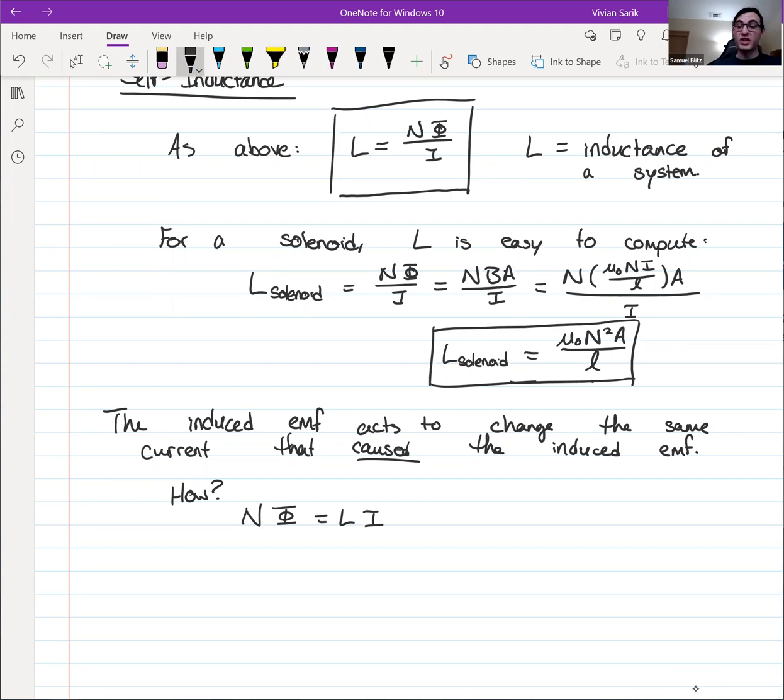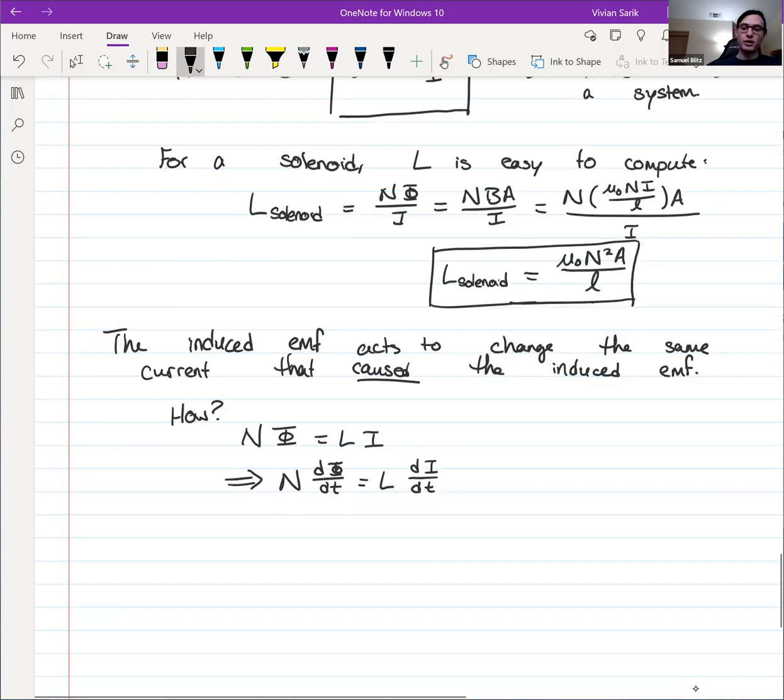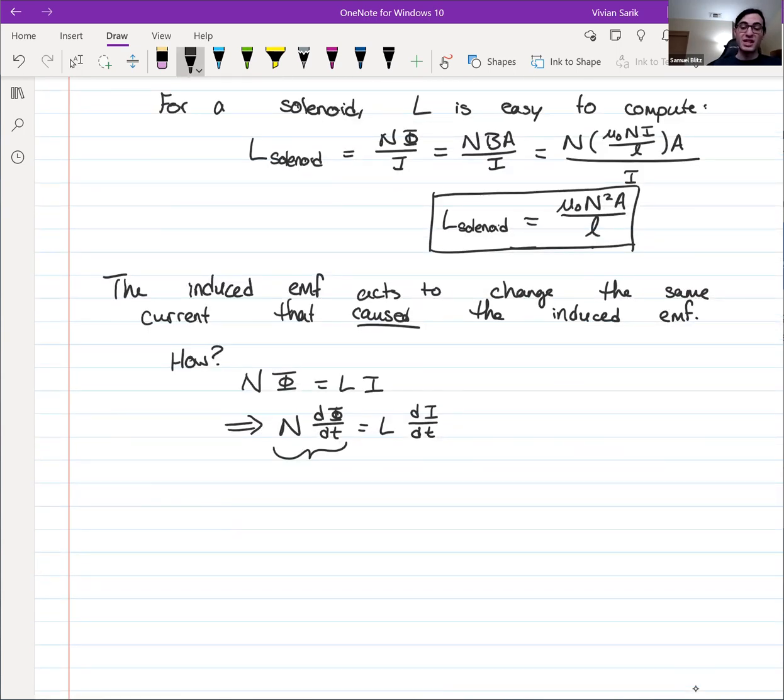We can take the time derivative of this: N d phi dt is equal to L di dt. Now, L doesn't change here because it's just a constant. It just depends on the shape. And so from Faraday's law, this should give us a negative times the induced EMF. So the induced EMF is negative L times di dt.